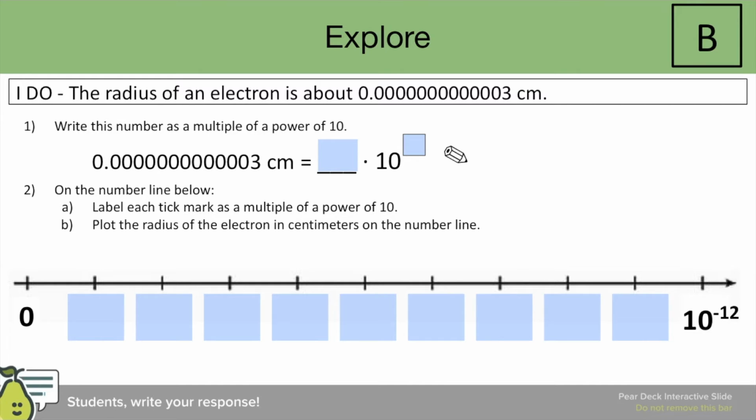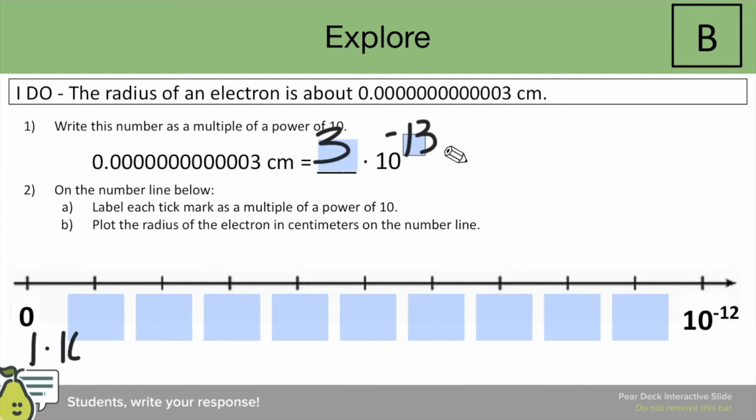And this is represented by 3 times 10 to the negative 13th power. And on the number line, label each tick mark as a multiple of a power of 10. Each tick mark is going to be labeled in multiples of 10 to the negative 13th power.